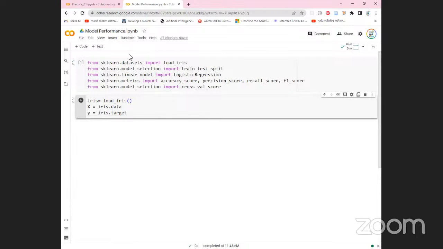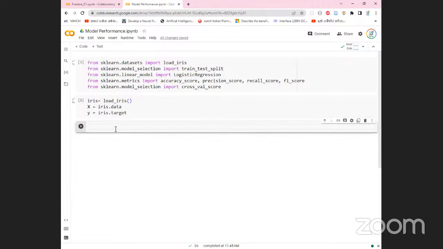Then again, we divide it into two categories, a test set and a training set. So we have X train, X test, and Y train and Y test.